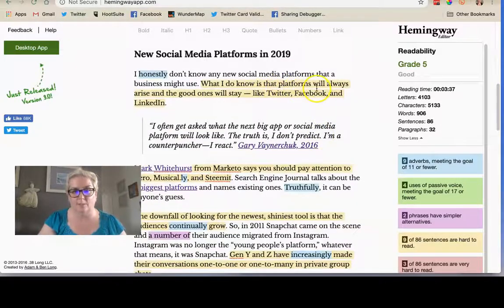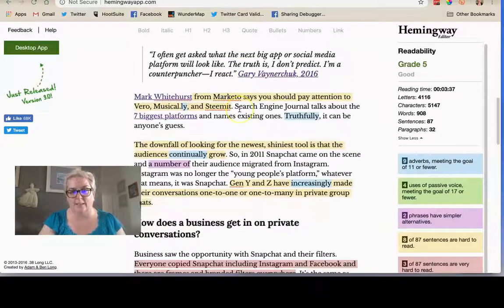What I do know is that platforms will always arise and the good ones will stay. Period. Such as these platforms are. Oops. Twitter, Facebook, and LinkedIn. See, now it's getting easier.